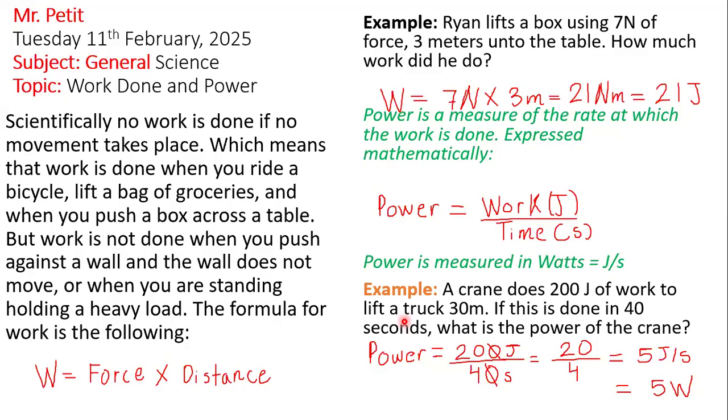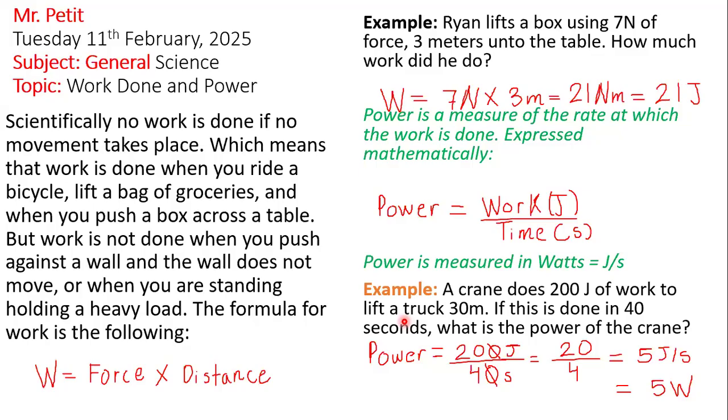How much work is done? 200 joules. Very good. 200 joules of work, and what time? 40 seconds. All right, 40 seconds.